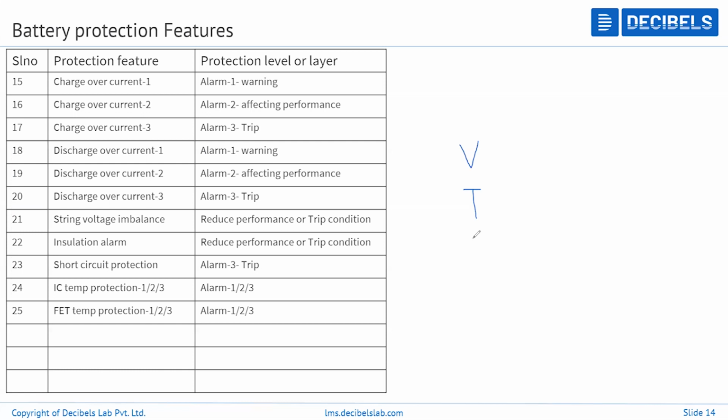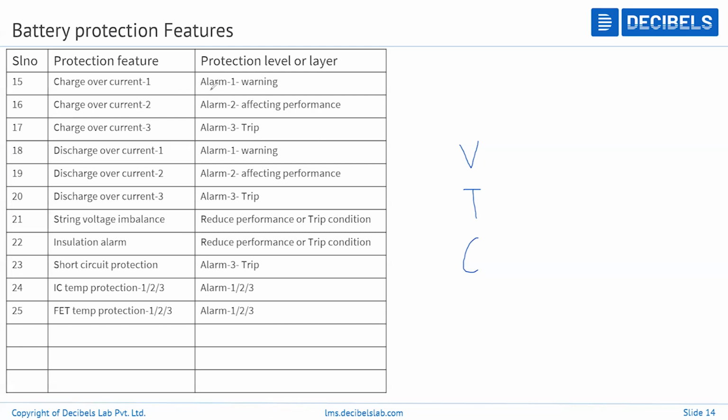Now over current, that is the current parameter. When you're trying to draw more current, either in charge or discharge, you are going to undergo the same scenarios here. The first level is a warning, the second level affects the performance, and the third level is the trip condition.